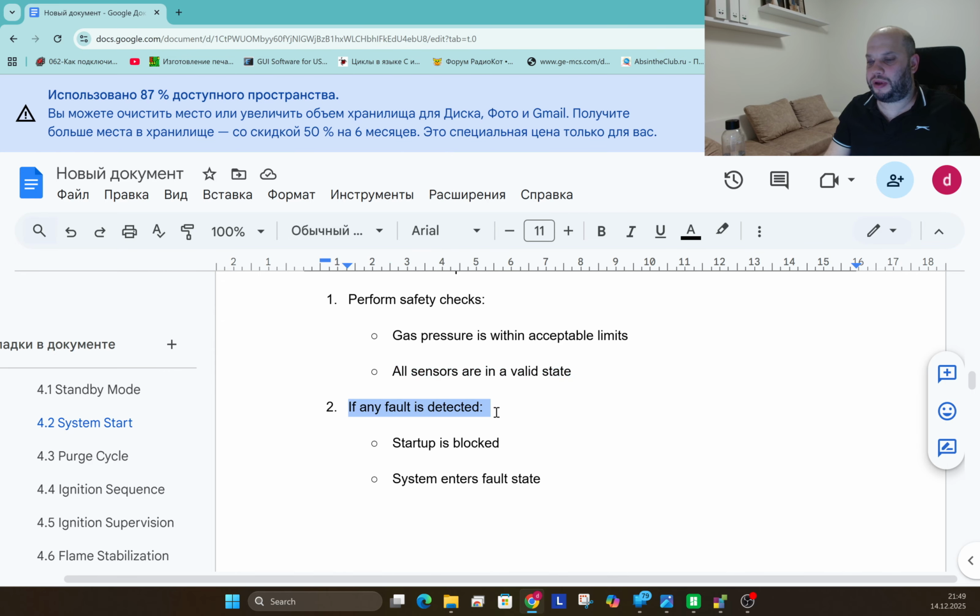If there is some problem, we should arrange some kind of flags or bits to trigger. And these bits are very useful for alarm lists or fault lists or some kind of indication, and even for troubleshooting.